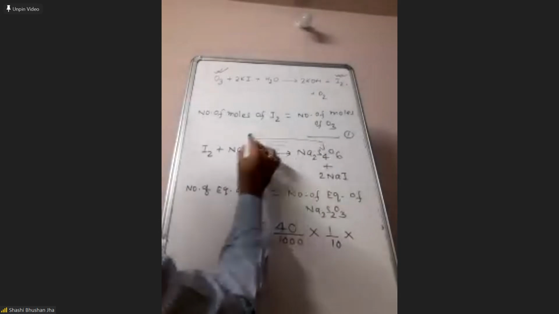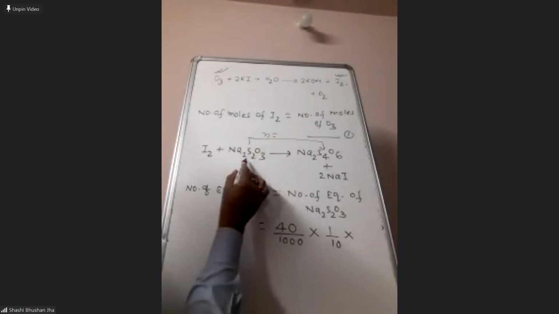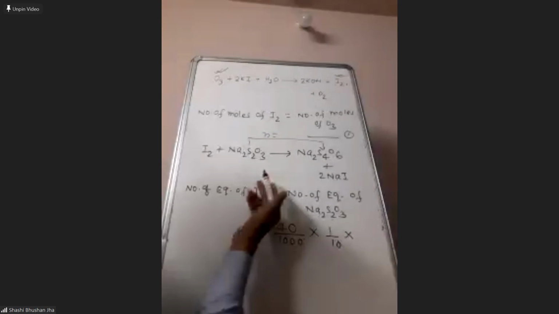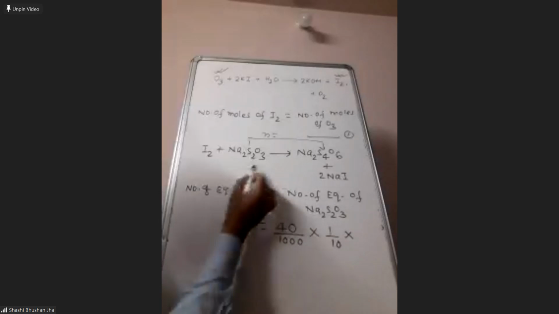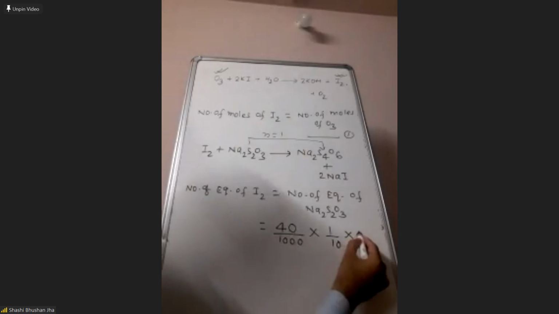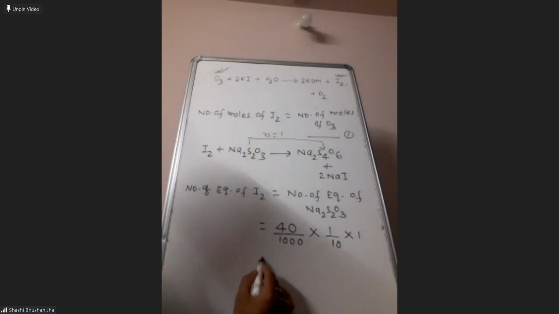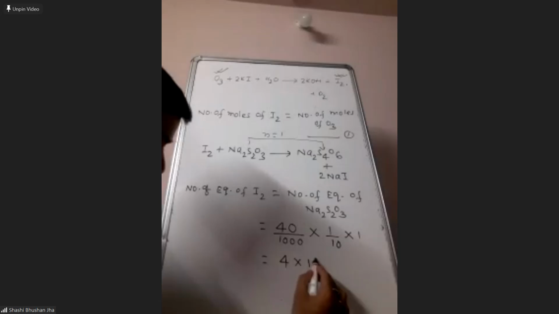What is the n factor for sodium thiosulfate to sodium tetrathionate? 6, sir. 1. The n factor is 1. So this will be 4 into 10 to the power minus 3.